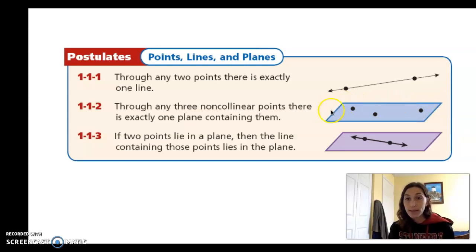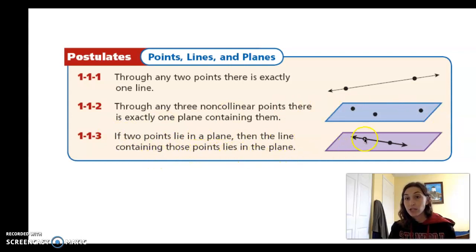There's always going to be a plane contained around 3 points. There could be more than 3, but 3 is the least number you need to have to create a plane.